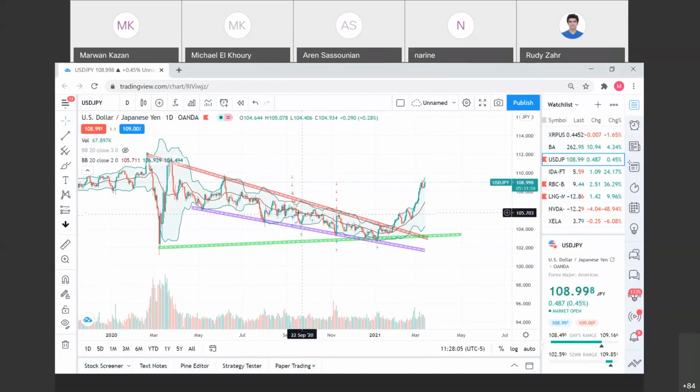I drew it around here, this wedge, until it got a break. It really broke on this one, from here to here, a difference of $7 in forex. So these are the wedges. This is everything I want to tell you.